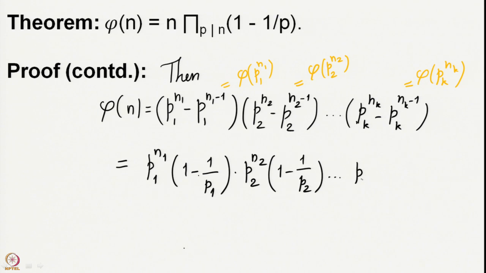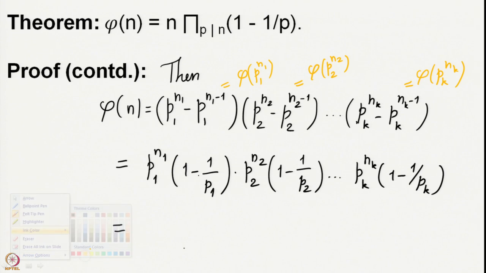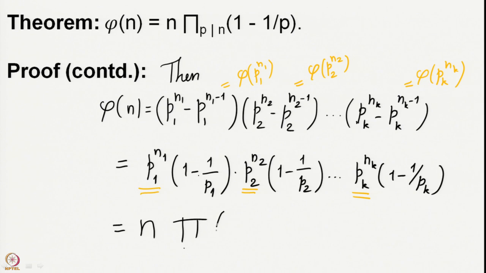So on up to pk power nk and we have 1 minus 1 upon pk, and to combine all these together, p1 power n1, p2 power n2 all the way up to pk power nk is going to give us n, and then the remaining terms are simply the product of 1 minus 1 upon p, where p divides n. That is all.